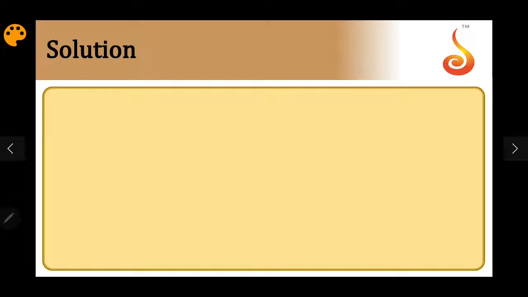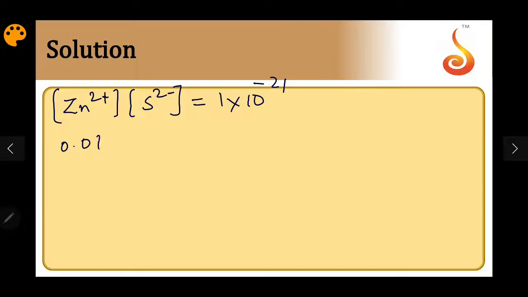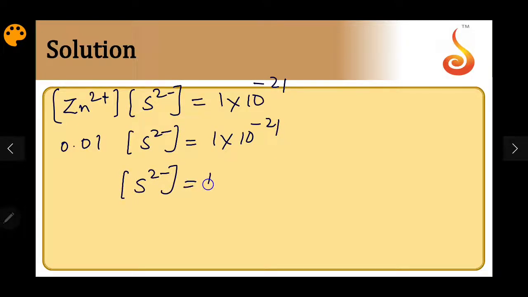So KSP of ZnS: Zn2+ into S2- is equal to 1 × 10 power minus 21. Zinc concentration is given as 0.01. So S2- concentration is 1 × 10 power minus 21 divided by 0.01, so the concentration of sulfide ion required is 1 × 10 power minus 19 molar.